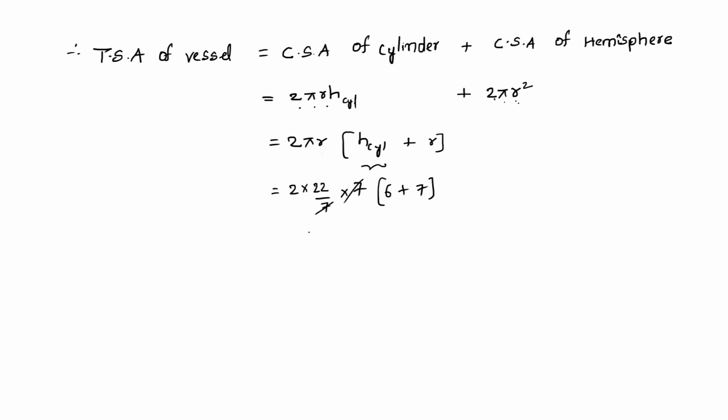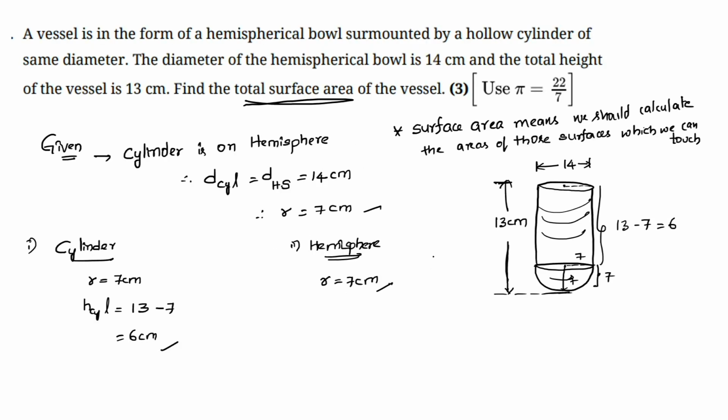So 7 gets cancelled. 2 into 22 into 13. So that is equal to 44 into 13, 520 plus 52, 572 centimeter square is the total surface area of the vessel, right?